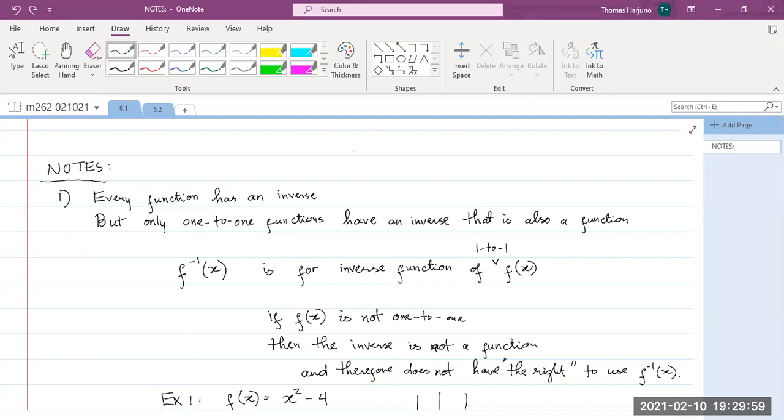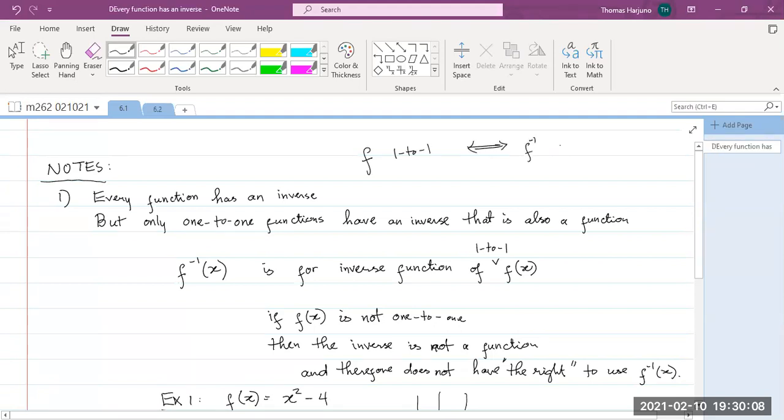In fact, if f is one-to-one, then the inverse function is also one-to-one. Once either is not one-to-one, the inverse is not one-to-one. That's important to say.